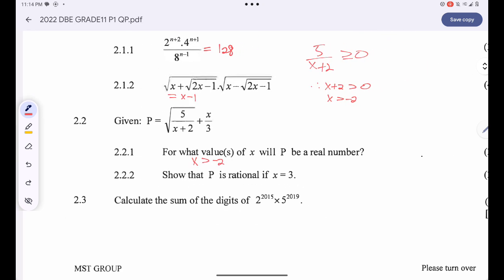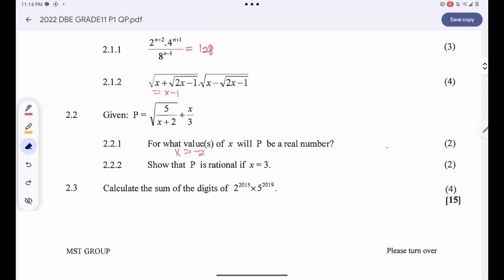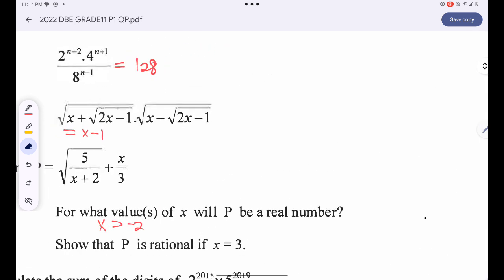Okay, then I'm supposed to show that p is rational if x is equal to 3. Basically, they just want me to substitute 3 in place of x. P is equal to the square root of 5 all over x plus 2, plus x all over 3.